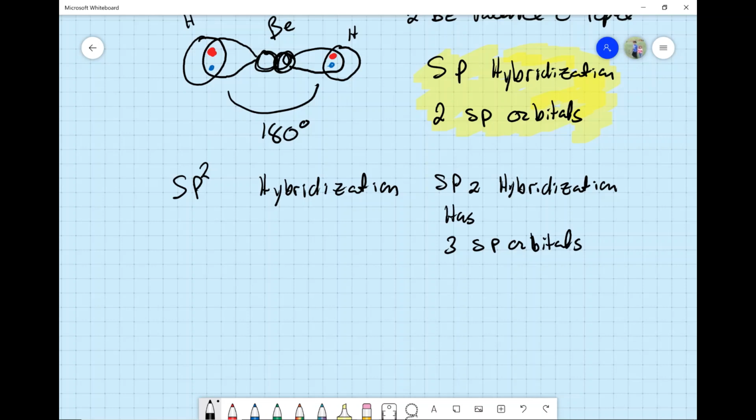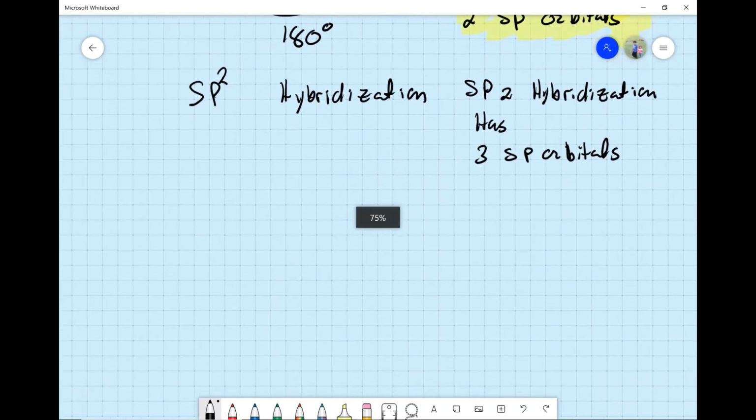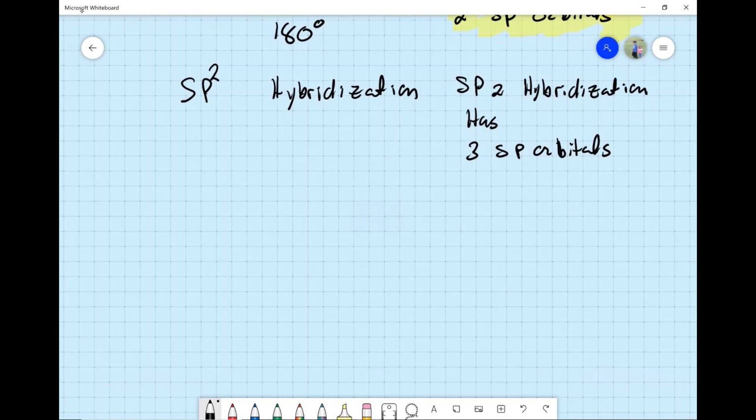And the example that is oftentimes given is that of borane. It has different chemical names too, but let's just do it. So boron and 3 hydrogens. The electronic configuration of boron has a p orbital.